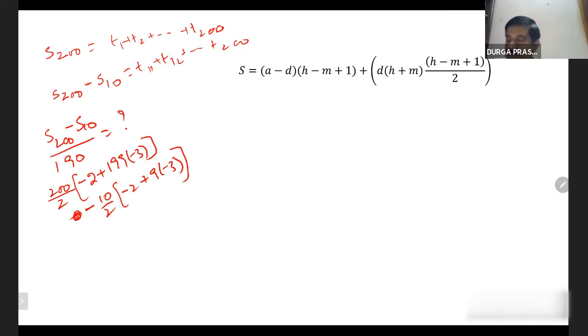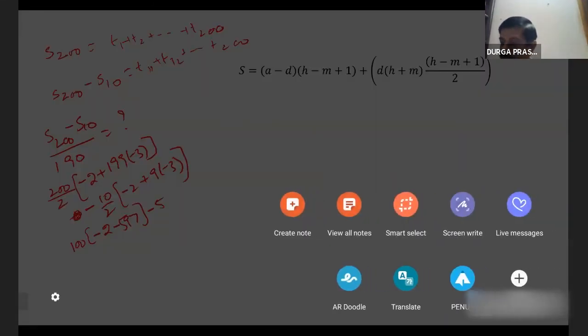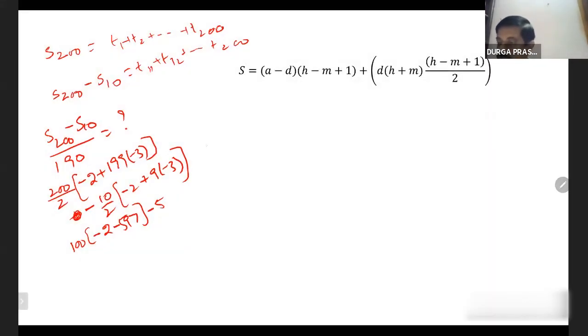So this is 100 into minus 2 minus 3 nines are 27, which is minus 599 into 100, so minus 59900.